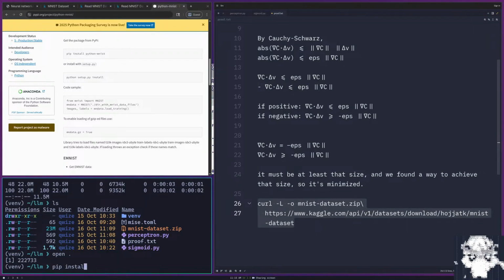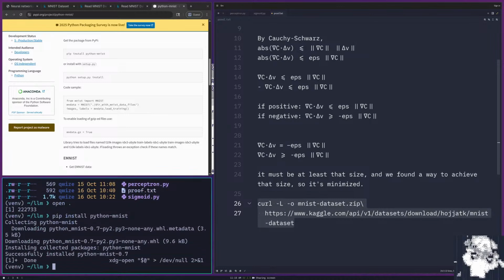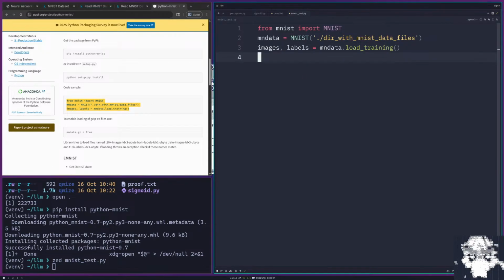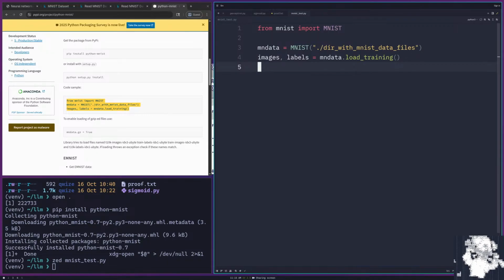Alright, let's try it. Pip install Python MNIST. And then let's try having a main.py, or we'll just call it test.py, MNIST test. Let's do this. And let's just try to run that.